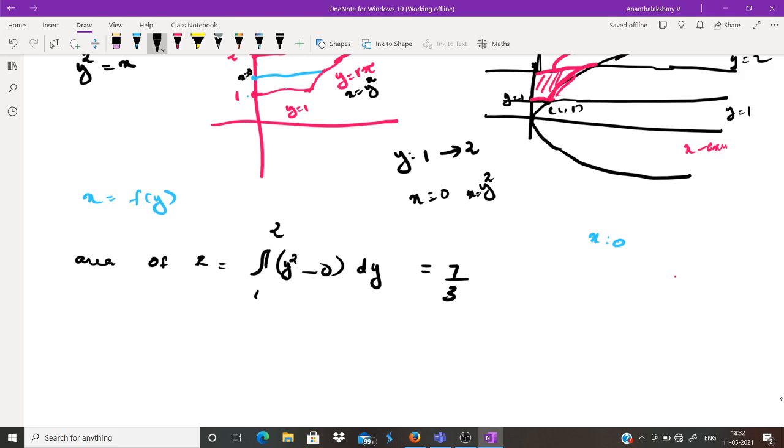Next you have to find x bar. Here also you have to treat it as a function of y.